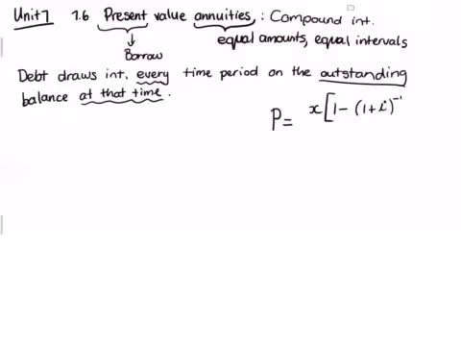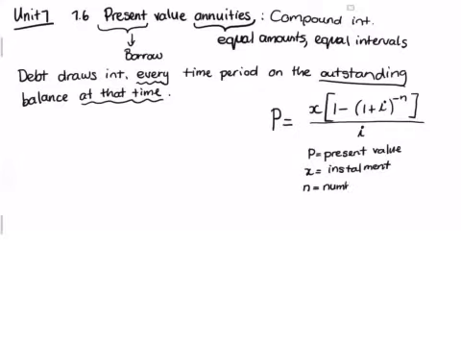And remember again, your i is usually i over m, and your n is usually n times m. This is just your general formula. So P is present value. P is how much did I borrow. X is my installment amount. How much do I pay back every month? n is, in other words now, the number of repayments.